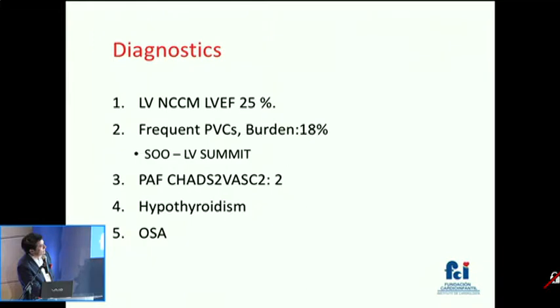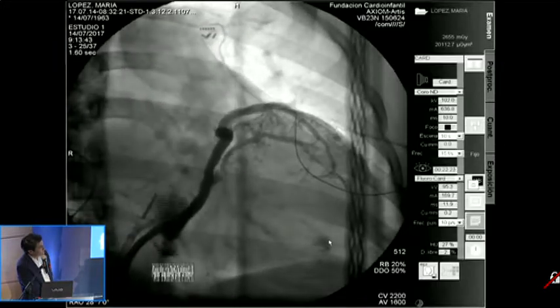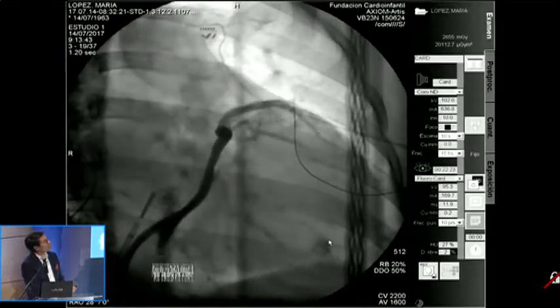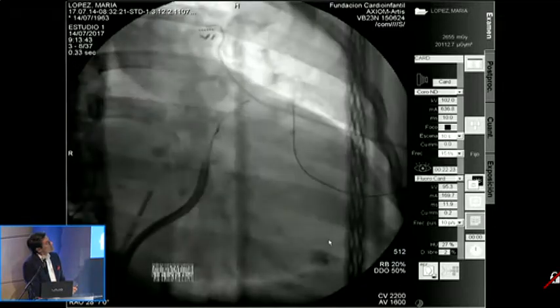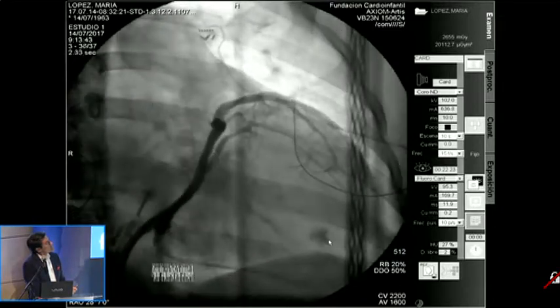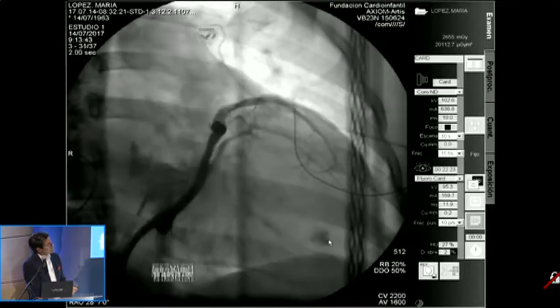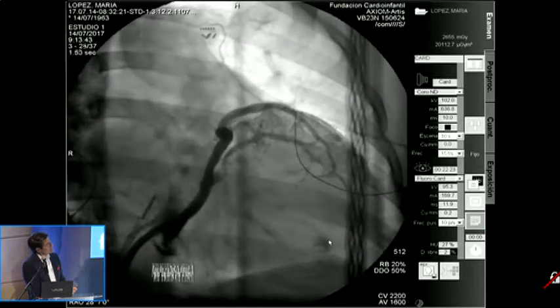Well, as you can see now, if you see the fluoroscopy, just a second. Can we see the fluoroscopy on the screen, please? Based on the ECG characteristics, it's not a typical extrasystole of the RVOT.